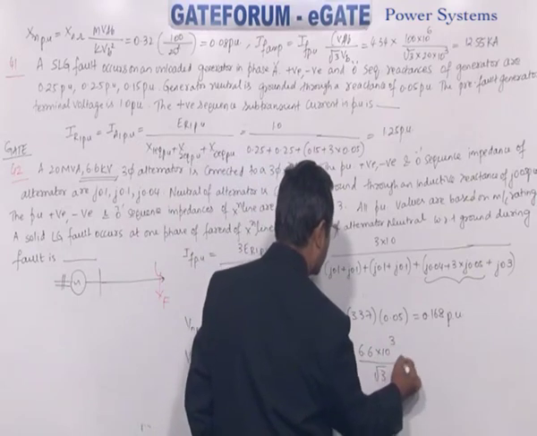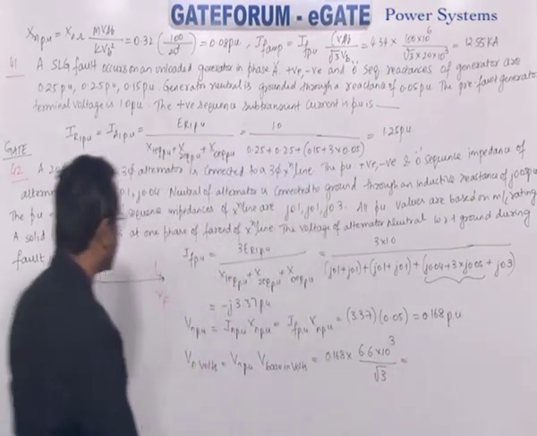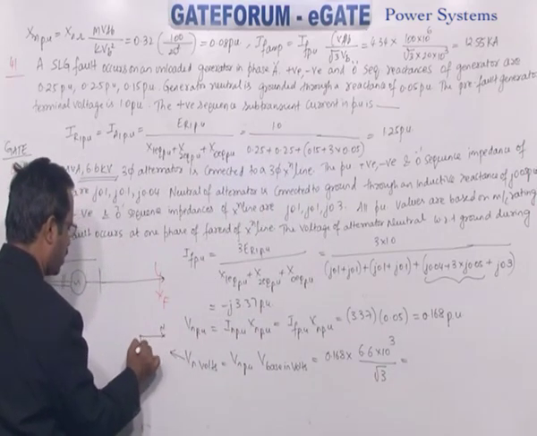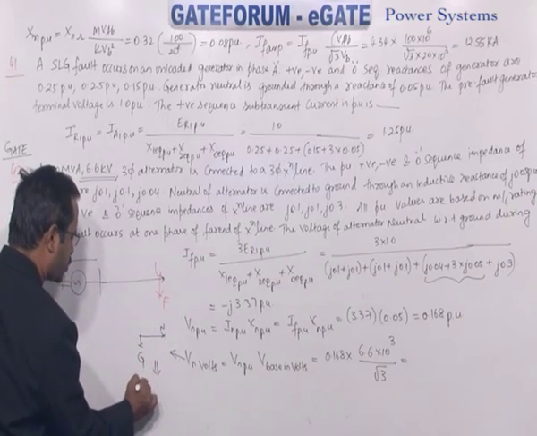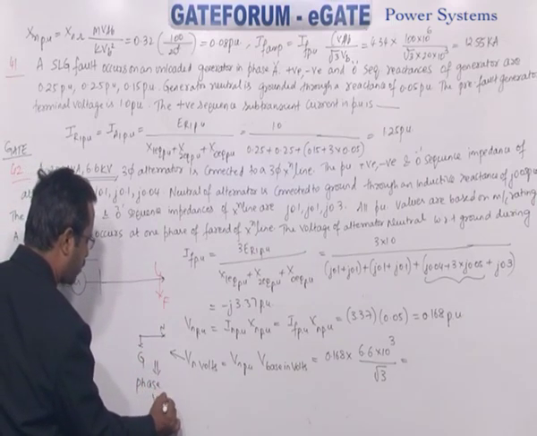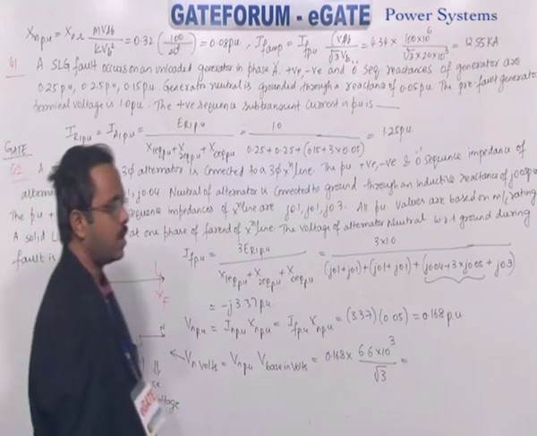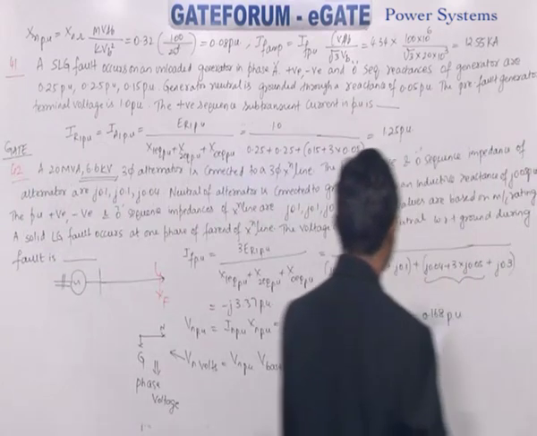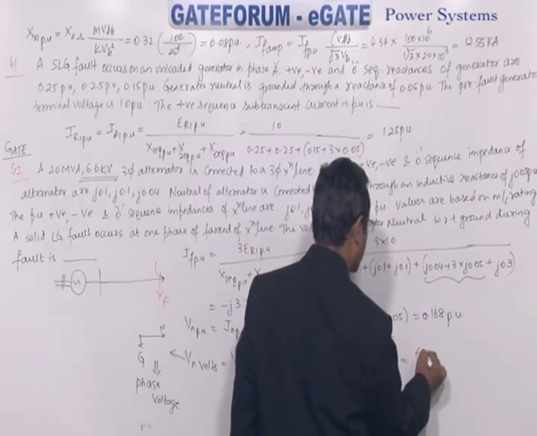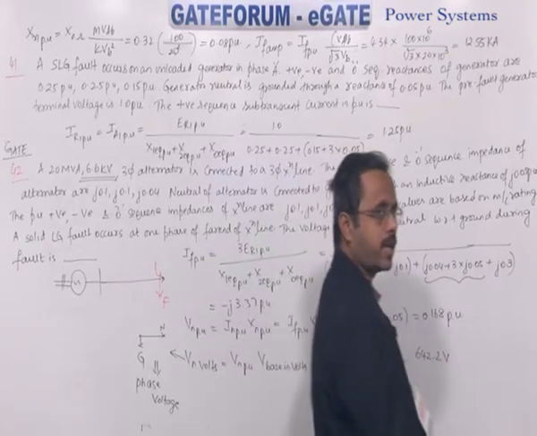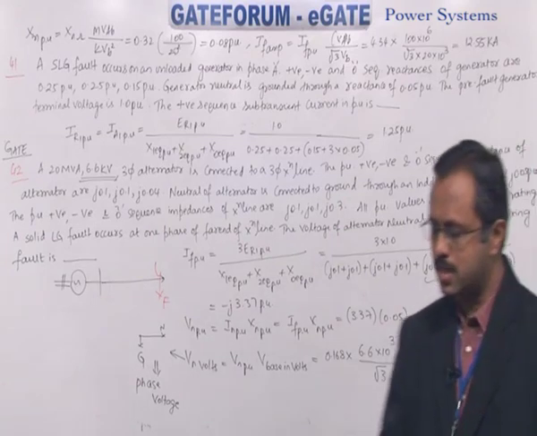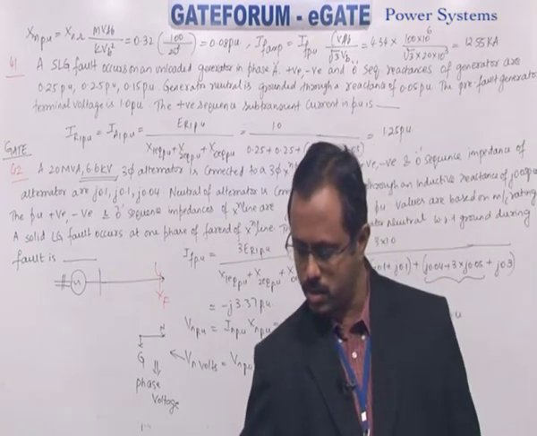Why do you divide by √3? You measure the voltage to neutral between ground and neutral, and between ground and neutral you always represent the phase voltage. On simplifying this, you get the answer 642.2 volts.